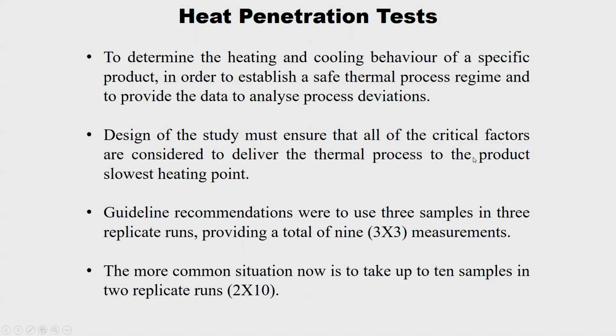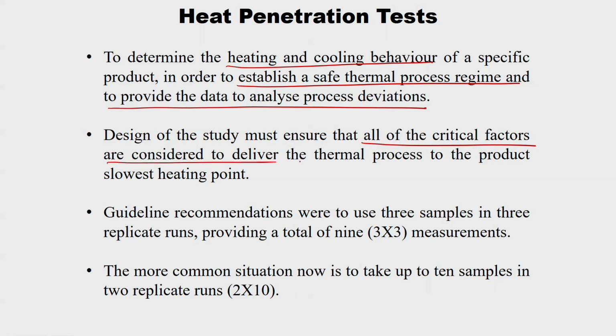And the heat penetration test is to determine the heating and cooling behavior of the specific product in order to establish the safe thermal process regime and to provide data to analyze process deviation. So, the design of the study must ensure all the critical factors are considered to deliver the thermal process. These critical factors you will get to know from our earlier lectures. The guideline recommendation is that the heat penetration test is conducted, then the F value is calculated and you go for process establishment.